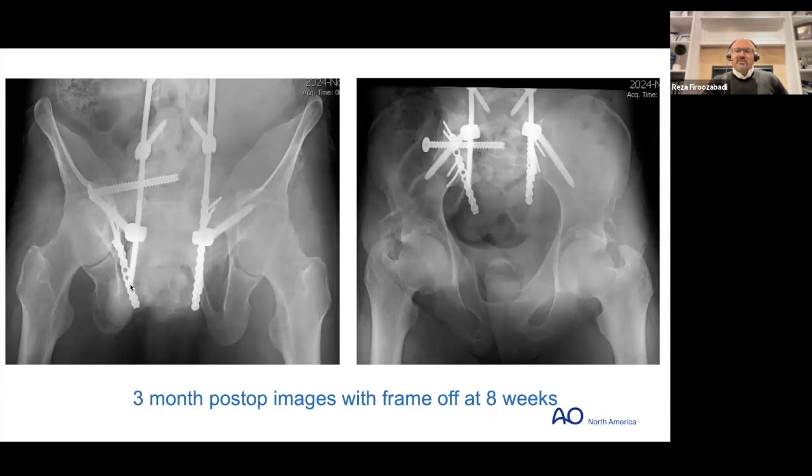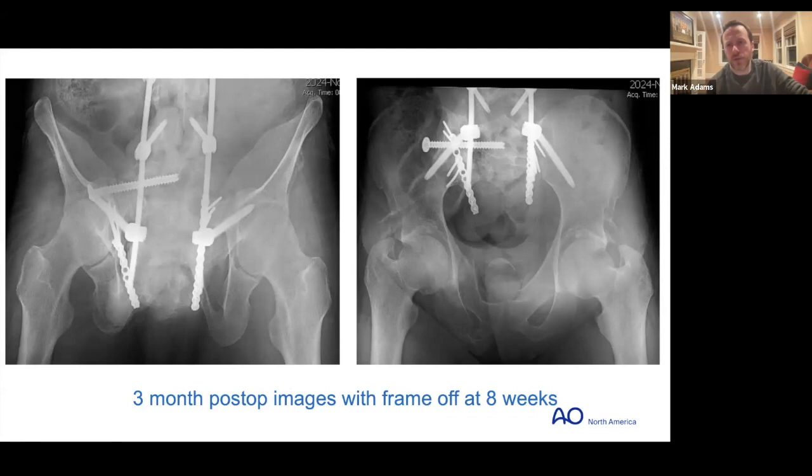For me, there's only one real indication, and that's if my anterior read is affected. If there's a combo injury where there's a sacral fracture where I don't have a good read anteriorly, then I'll go look at the inferior facet posteriorly of that SI joint and open reduce through the back there. Any clues for you guys of when you do an open SI joint reduction from the back?